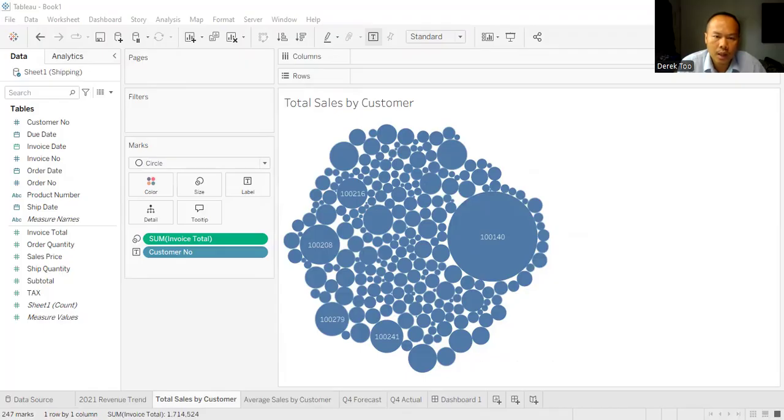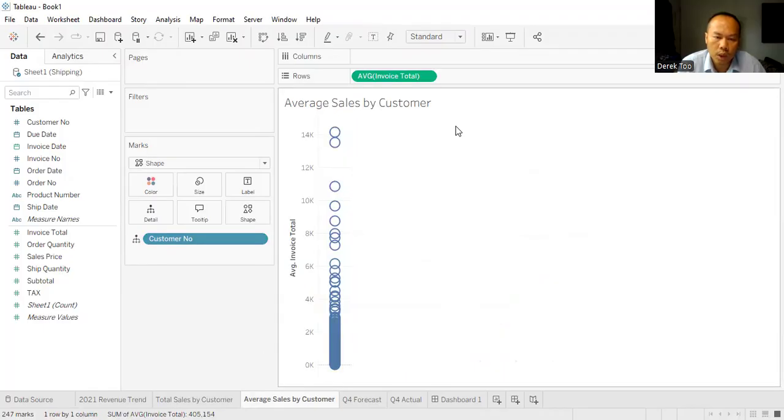Which customer number has the highest average invoice amount? I have the answers here, and I also copied this part from the Tableau dashboard. But let's move back to Tableau and go into the next dashboard, and we'll see that to find the highest average sales by customer, we look at the very top one instead of the bottom one.